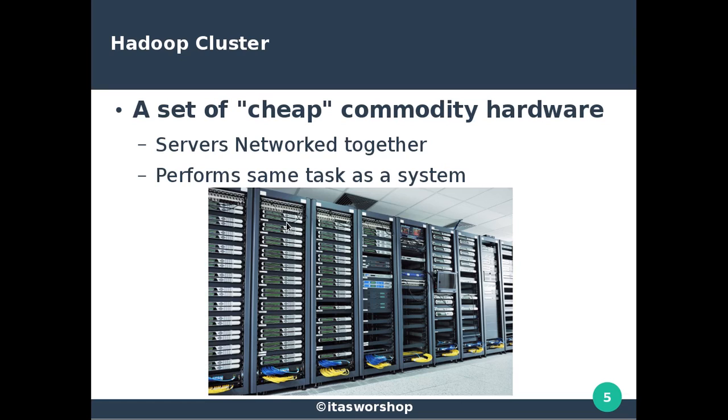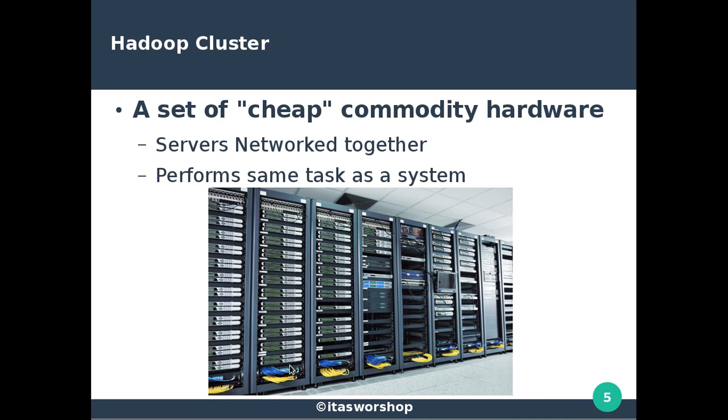When these servers are networked together and each server is performing the same task, then we can consider it as a cluster. Servers performing the same task together can be considered as a system, and that system is known as a cluster.